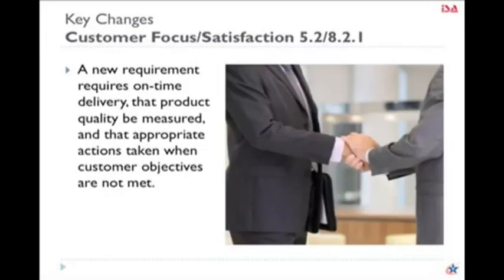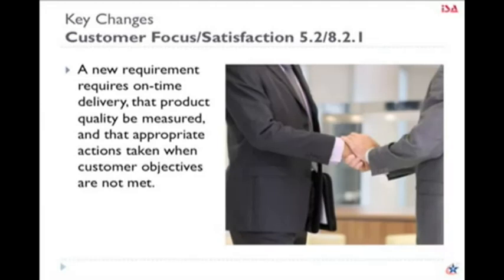A new requirement requires on-time delivery, that product quality be measured, and that appropriate actions be taken when customer objectives are not met. The evaluation of customer satisfaction shall include monitoring of product conformity, delivery performance, complaints, and corrective action requests.